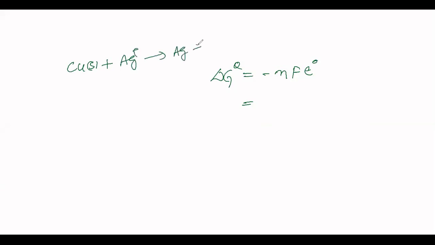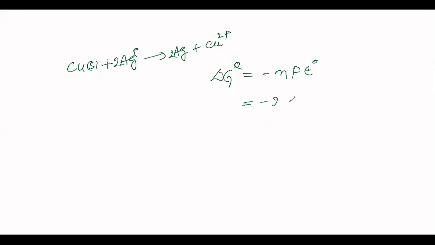Okay, let's do it. Delta G0 is equal to minus of NF E0. So N in this case, silver ions and copper metal. So the reaction will be like this: Cu solid plus Ag plus, giving Ag plus Cu2 plus. So you have to take 2 of this, 2 electrons are involved here.